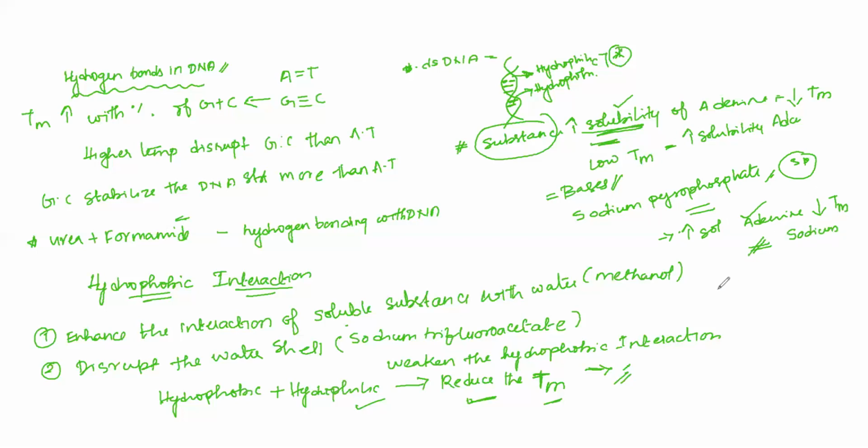Is it clear? Just imagine you add a substance to a solution which contains adenine, and it increases the adenine solubility. Simultaneously, a decrease in the melting temperature was noted, right? To test that it does not have any effect on the sugar phosphate, they took sodium pyrophosphate, which has a similar solubility property to the sugar phosphate backbone.